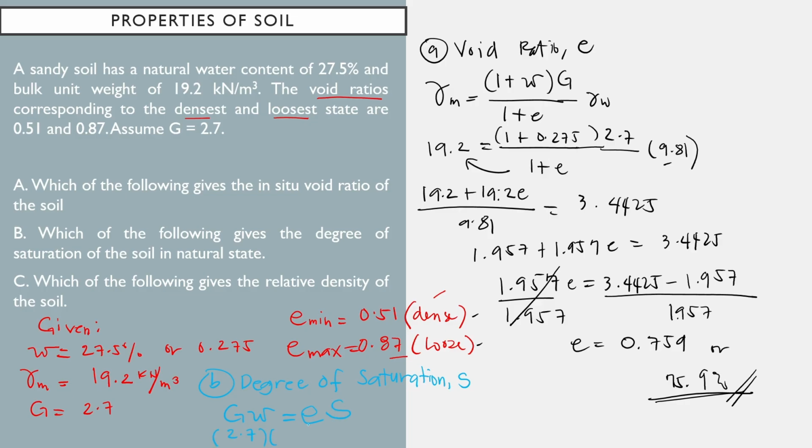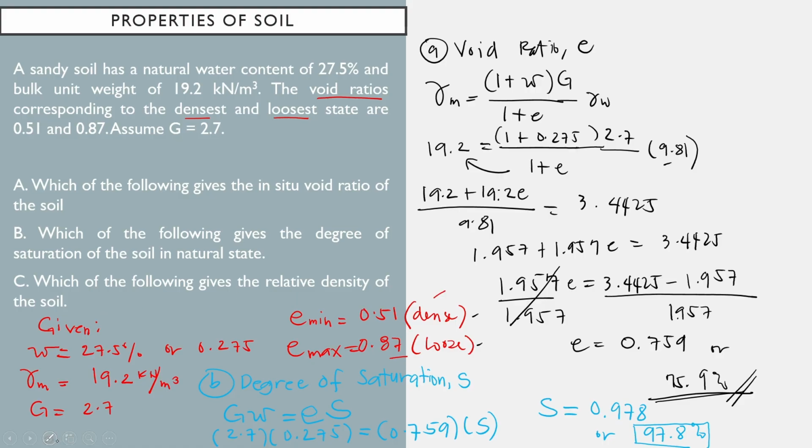So, 2.7 yung specific gravity times yung water content na 0.275 is equal to E, yung void ratio na nakuha natin na 0.759 times yung S, yung degree of saturation. So, S is equal to 0.978 or 97.8%. So, dito sa degree of saturation, naka-percent siya dapat, pati yung water content. Ayan, naka-percent yung mga yun. So, 97.8% yung degree of saturation.